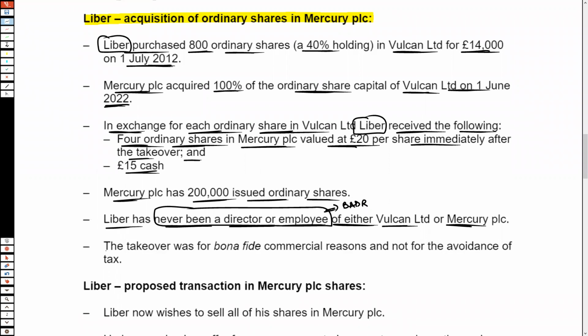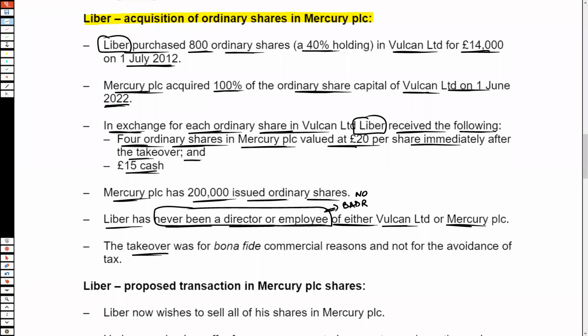Shareholding should be of more than 5%, and the person should be the employee of the company. But over here, the person is not an employee, so no BADR will be available. By looking at this statement, you can get 0.5 mark at least. You just need to link the things with the scenario. How? I will be showing you.